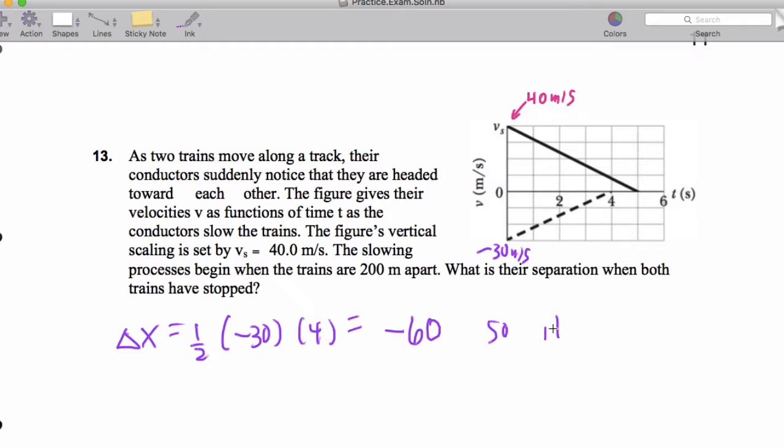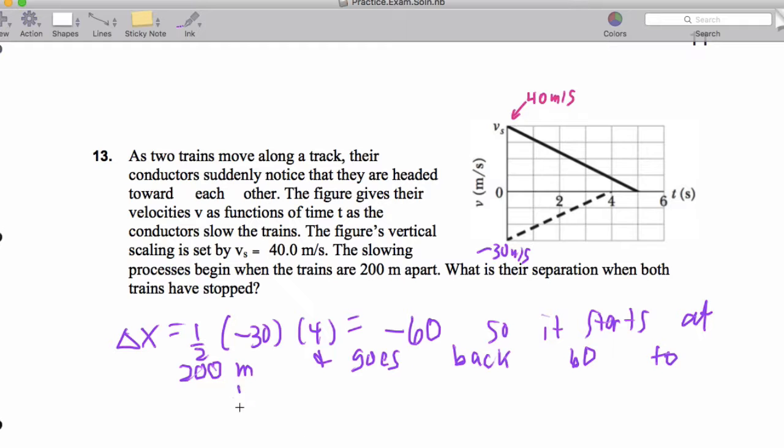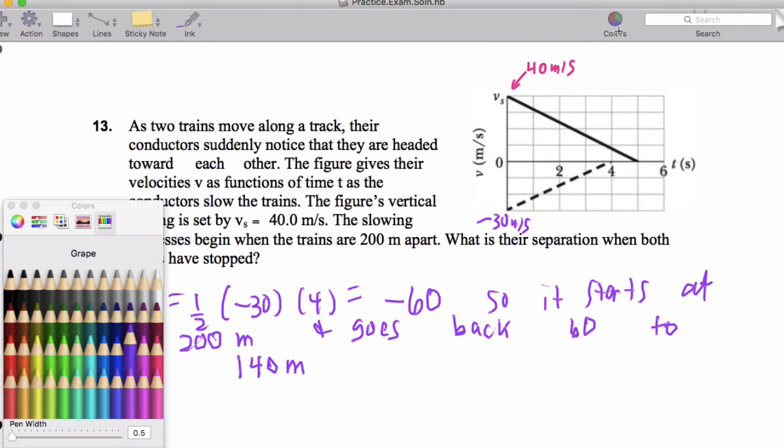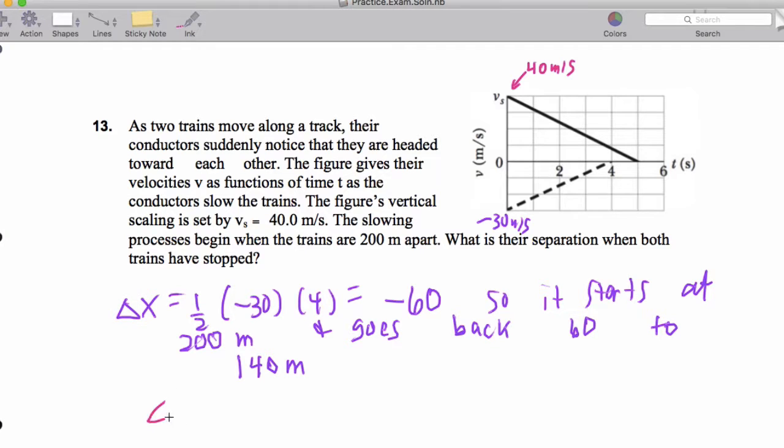I'll assume it starts at the 200 mark and goes back 60 to 140 meters. Now let's look at the strawberry train. Its displacement, delta x, is 1/2 times 40 times 5, just looking at this triangle here. That's going to be 100.